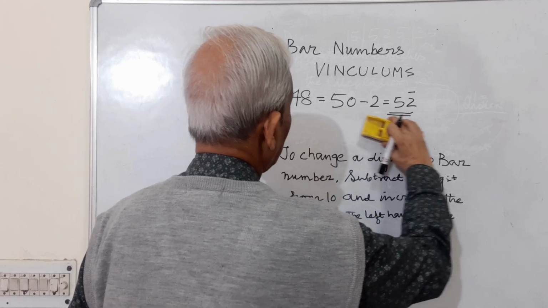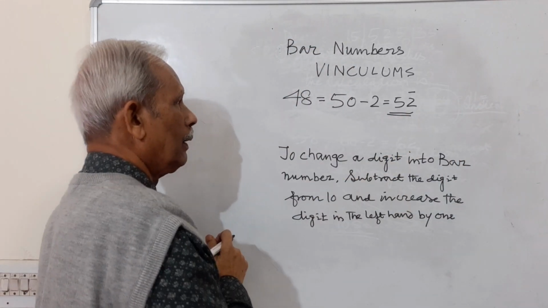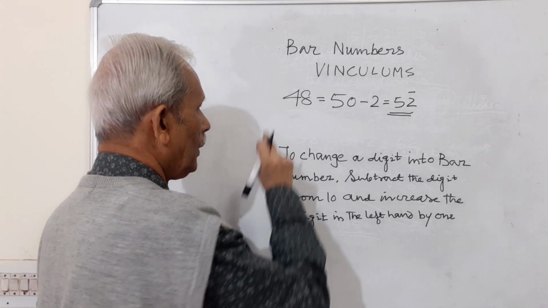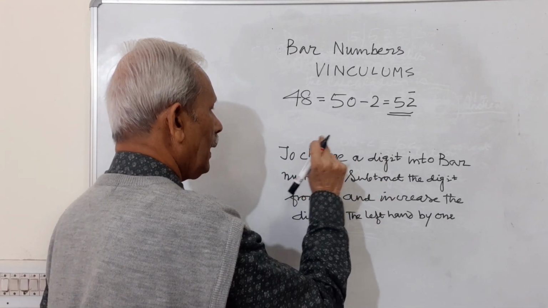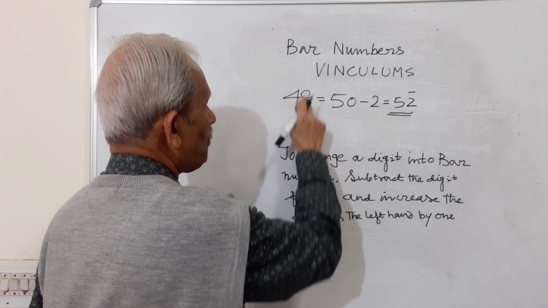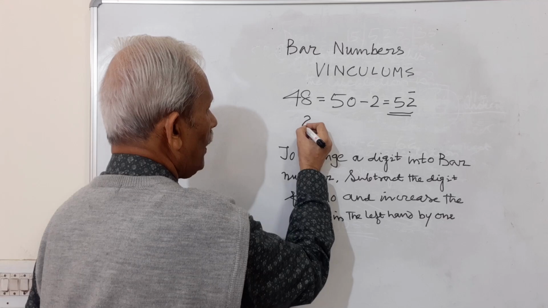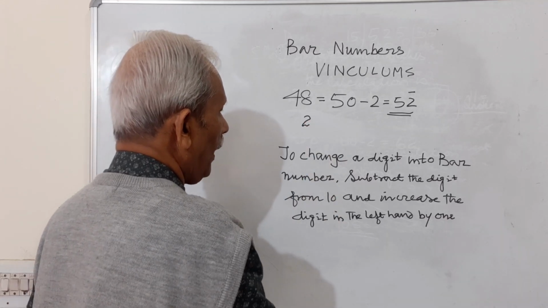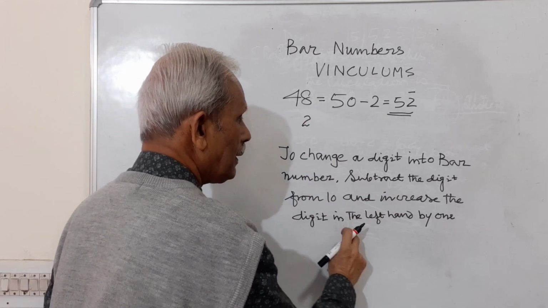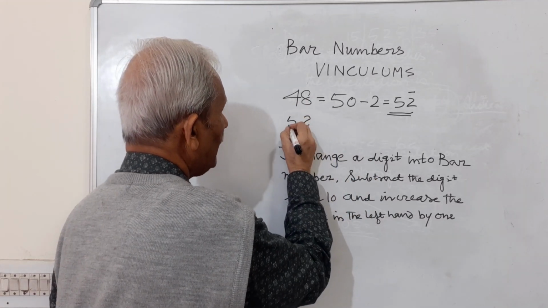Let us see this practically, how it's happening. Suppose we wanted to convert this 48 into a bar number. What actually you have done: to change a digit into bar number, subtract the digit from 10. 10 minus 8 is 2, right? And increase the digit in the left hand by 1. 4 is increased to 5.